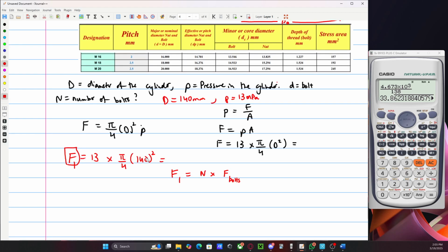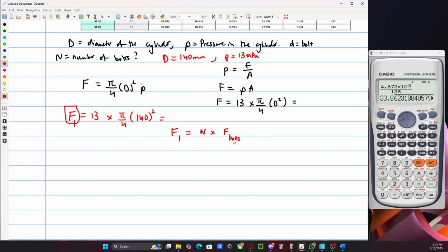We have to work out two things. First, we'll do F1, and then we'll do F bolts separately. So F bolts, we have to work out for both the M16 and for M20, right? How do we do this? It's the same thing, where we know the max stress, so I'll do this separately first. Let's do this one first.